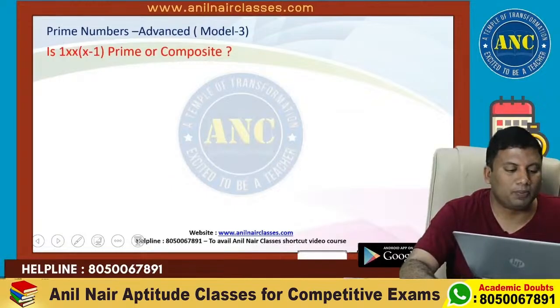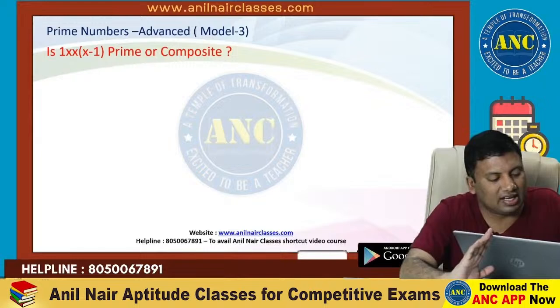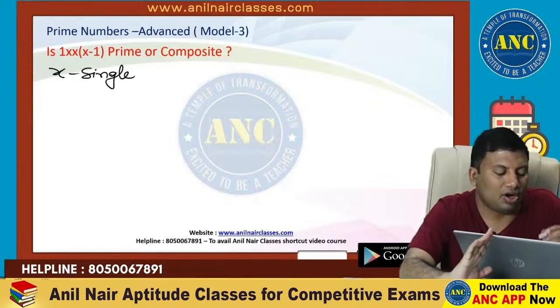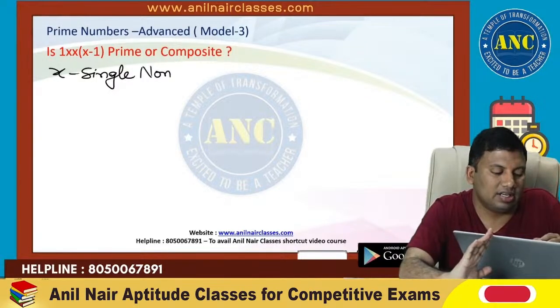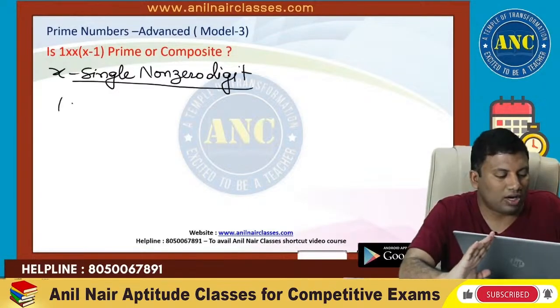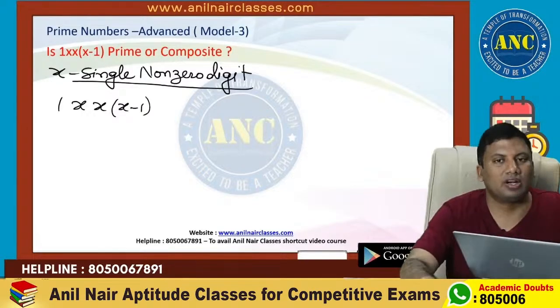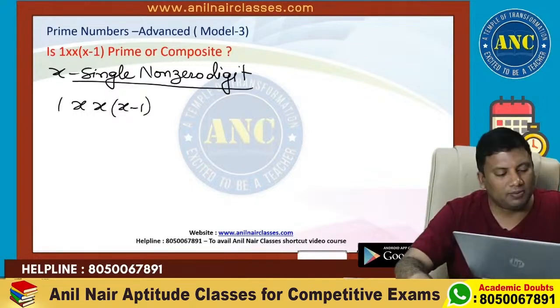Another good question. 1x, x is a single non-zero digit. Any number of the form 1xx and x minus 1, whether this number is prime or composite.